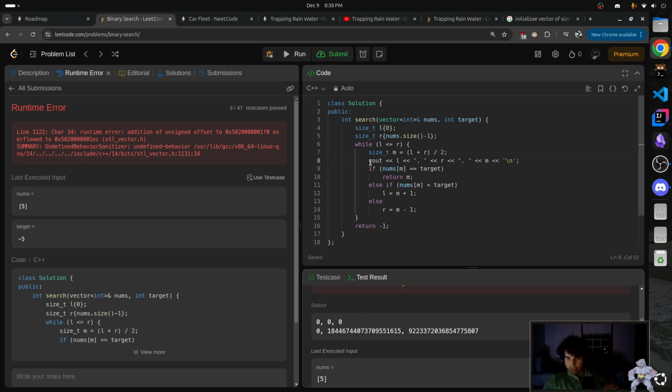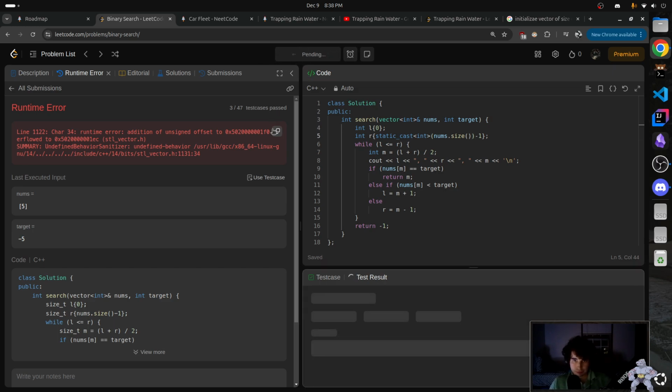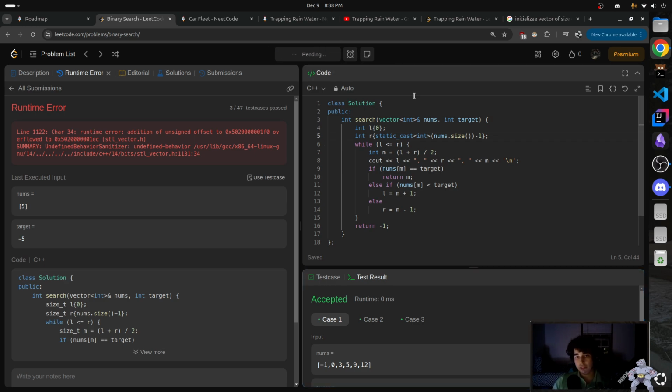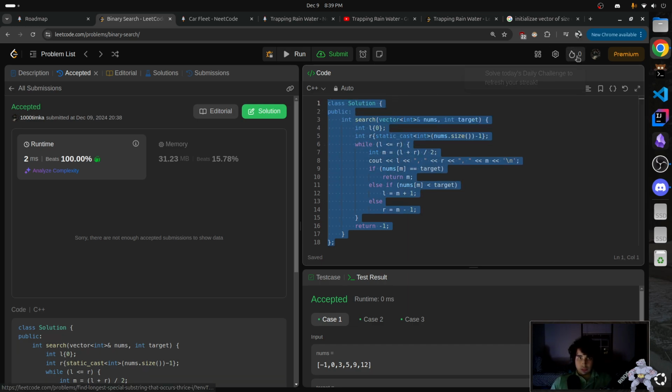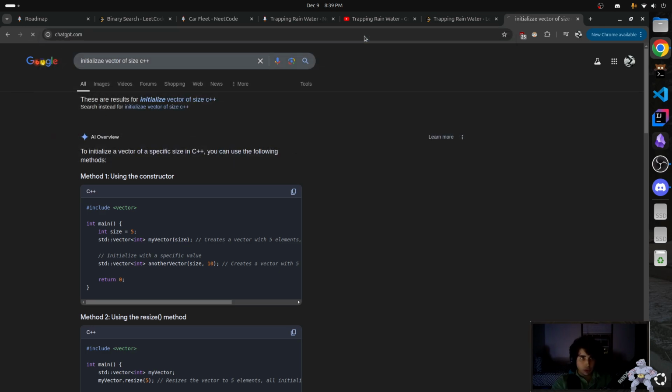Okay, but this algorithm is correct. It's just the size T. Like, what the hell's the... Dude, I don't even think this guy knows.